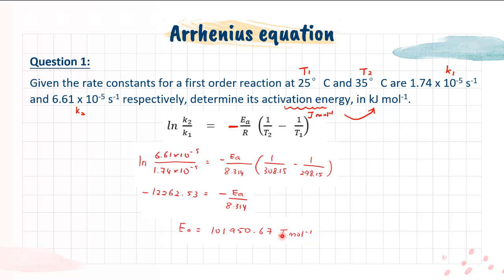So you need to convert into kilojoule per mole by dividing by 1,000, to get 101.95 kilojoule per mole.